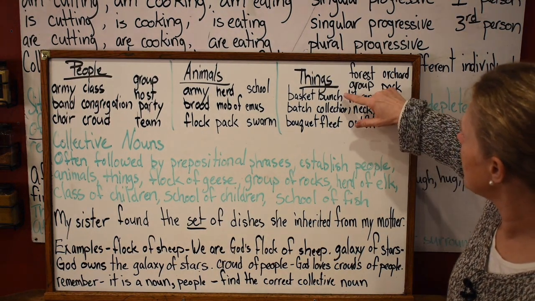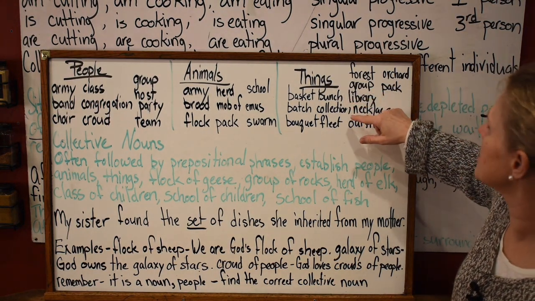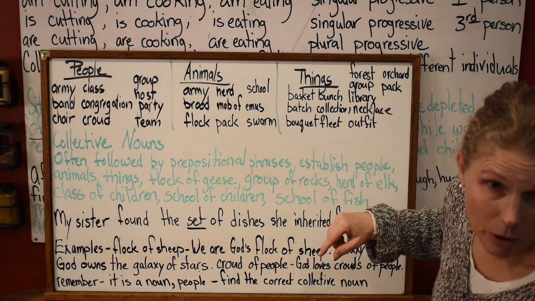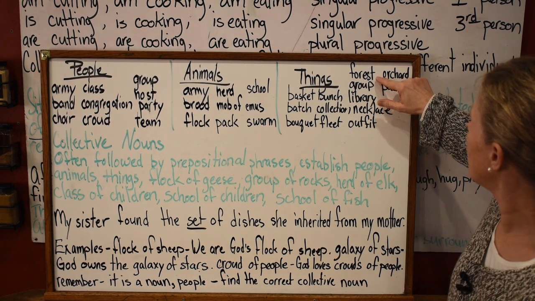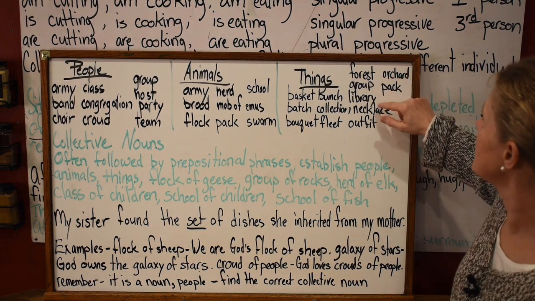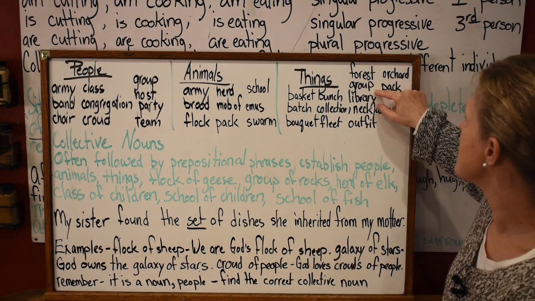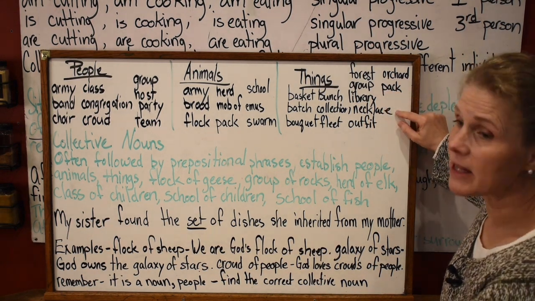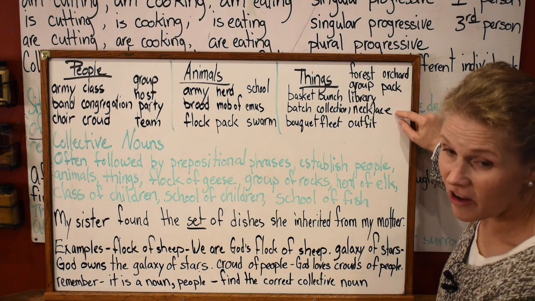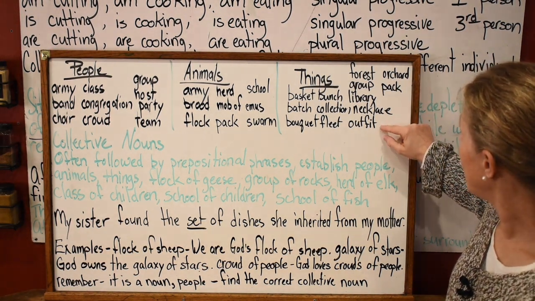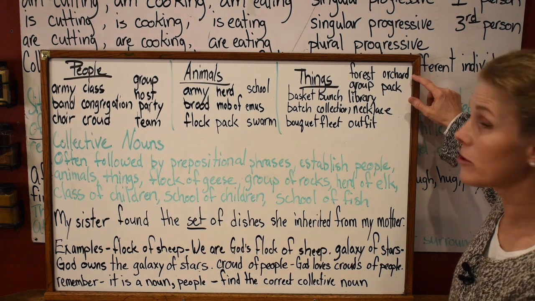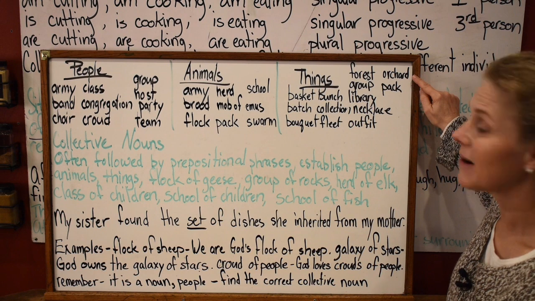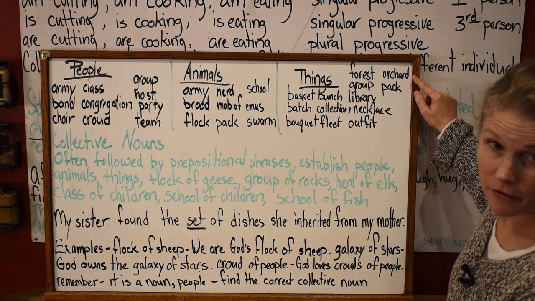Okay, and then we have a bunch of bananas, a collection of rocks, a fleet of what? Boats. Plants: a forest of trees, a group of apples, a library of books, a necklace of pearls, an orchard of trees.